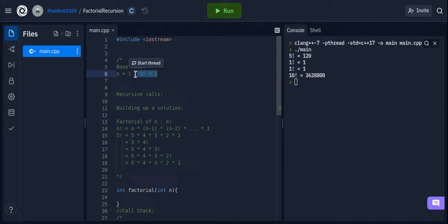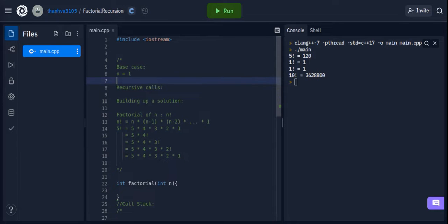1 is where the recursive calls should stop and start returning.